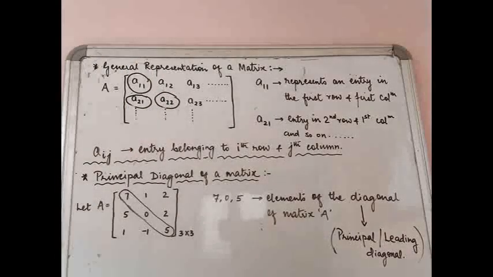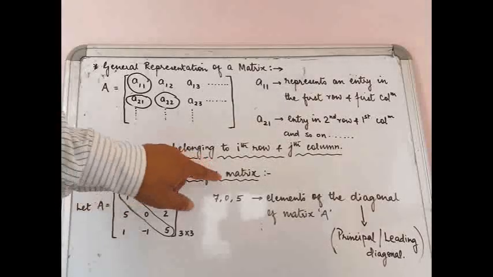Now we are going to come to a very important concept in terms of the matrix and the determination of the kind and type of the matrix. We have what is known as the principal diagonal of a matrix.